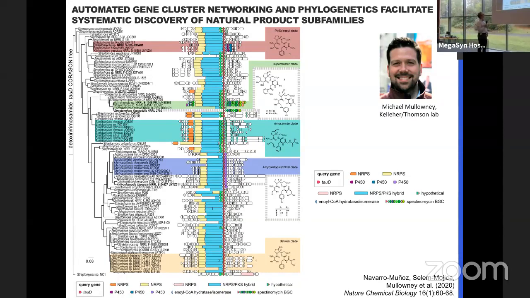So instead of phenylalanine, we get tyrosine or phenylalanine. And in this clade here, from Amycolatopsis, there is an additional cytochrome P450 hydroxylase, which actually hydroxylates the valine in these detoxin molecules.